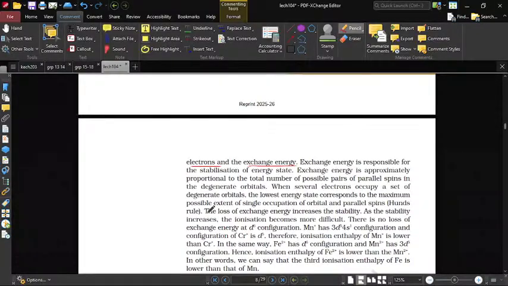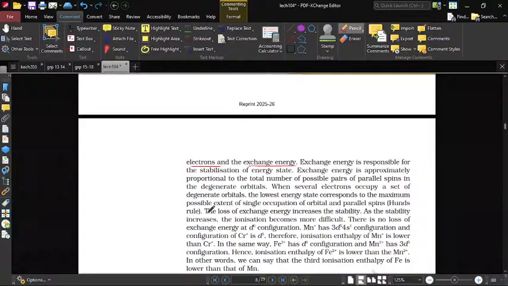There is no loss of exchange energy at d6 configuration. Mn+ has 3d5 4s1 electronic configuration and the configuration of Cr+ is d5. Therefore, ionization enthalpy of Mn+ is lower than that of Cr+. In the same way, Fe2+ has d6 configuration and Mn2+ has d5 configuration.